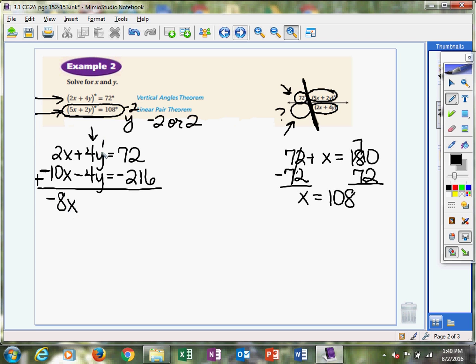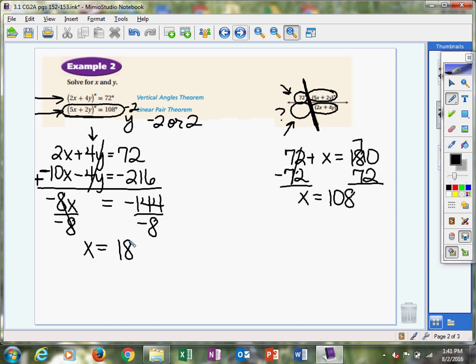Positive 4 plus a negative 4, they're gone. And then 72 plus negative 216, might need a little calculator here to speed you up. That's negative 144. Excellent. Okay, then just divide each side by negative 8. And x is going to end up equaling, it looks like 18. And double check that in your calculator, of course, but that's what it looks like.